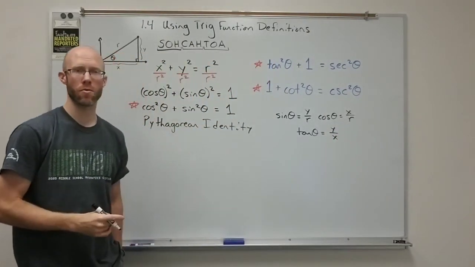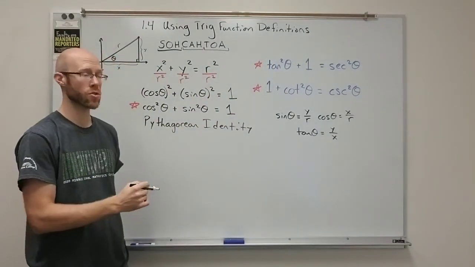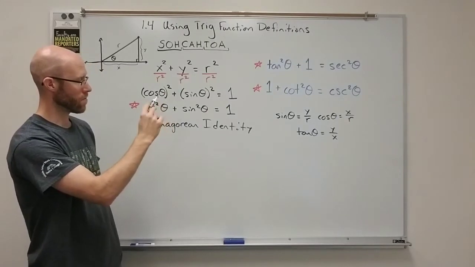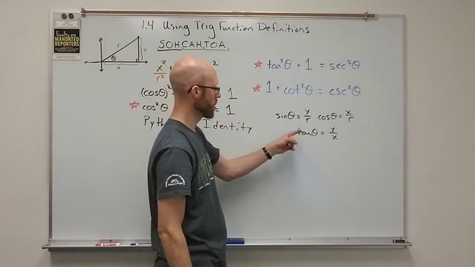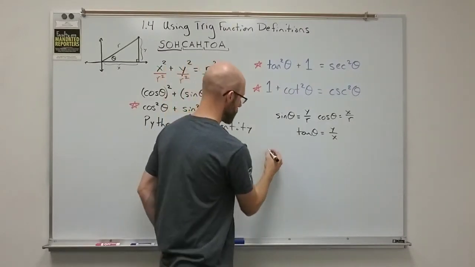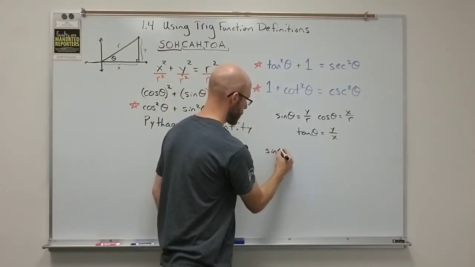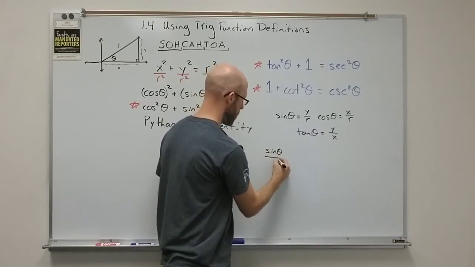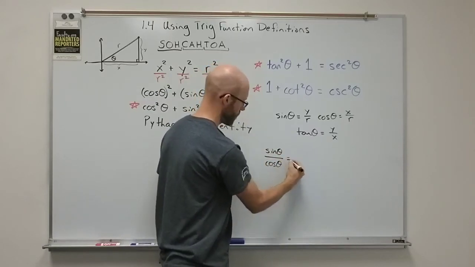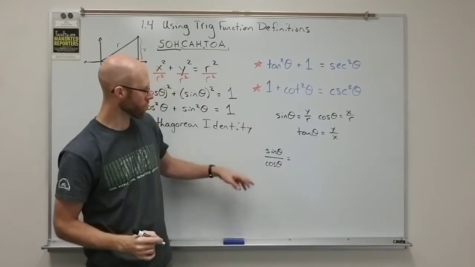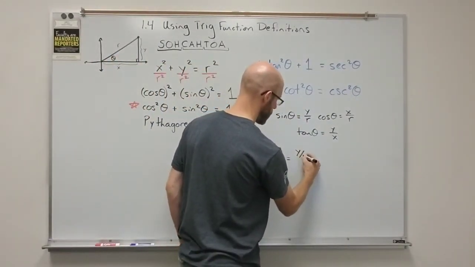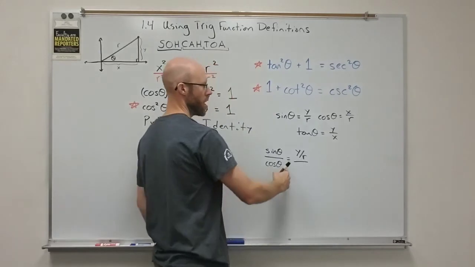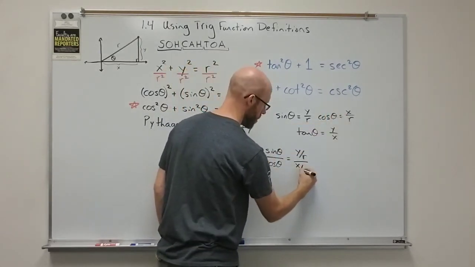So these three fractions we know are true, and so I can set up a relationship between them. Notice that if I were to divide the sine of theta by the cosine of theta, then essentially what I have on top is y over r, and on the bottom I have x over r.